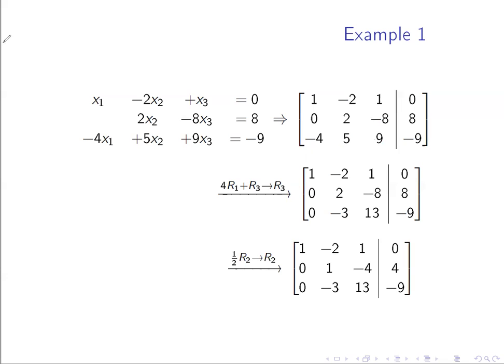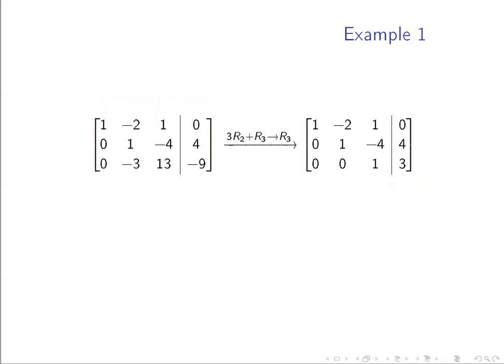Now it's really nice, because if I multiply this by 3 and add it down, that's going to make that entry go away. So we can do exactly that. So resetting my screen, if I take 3 times that row, it gives me this new matrix. Now, what does this mean? Well, if I rewrite it as a system, putting in the x1, x2, and so forth, notice this last line says x3 is equal to 3.